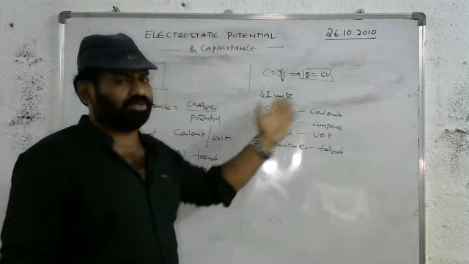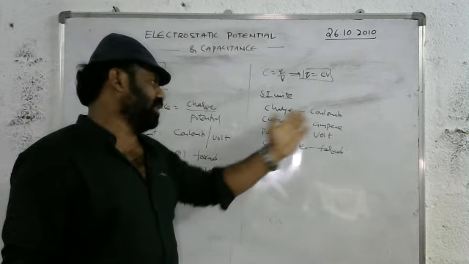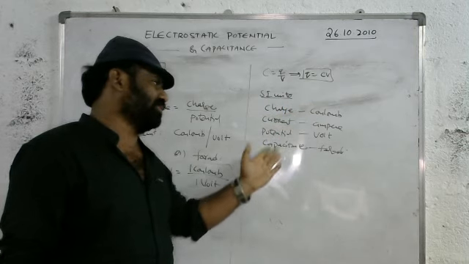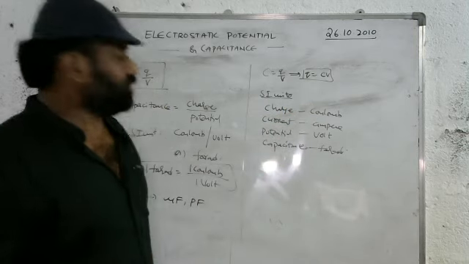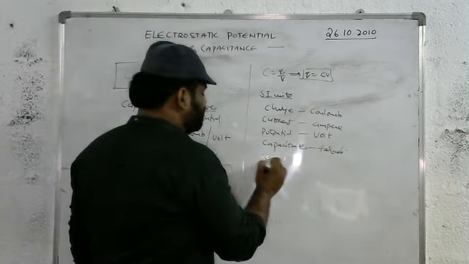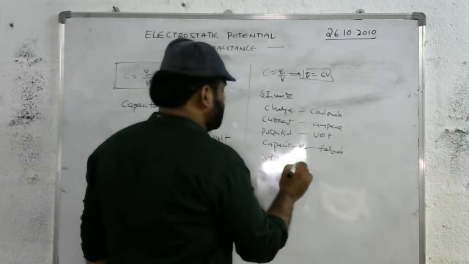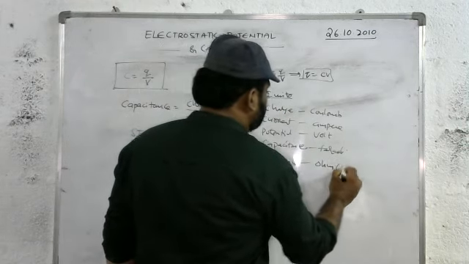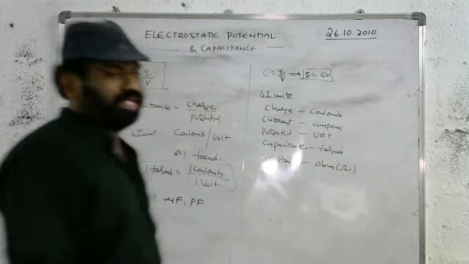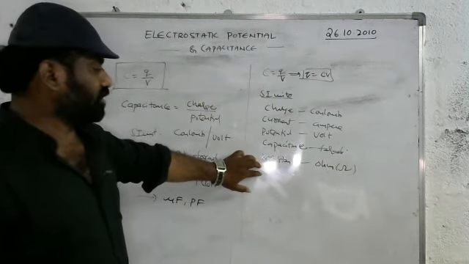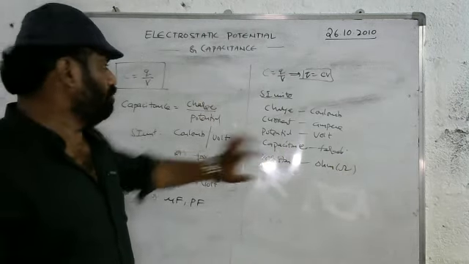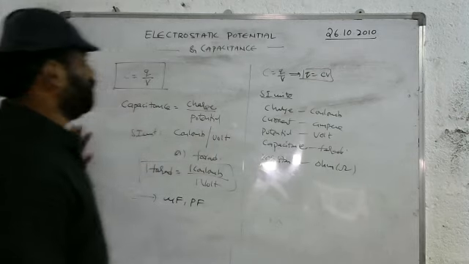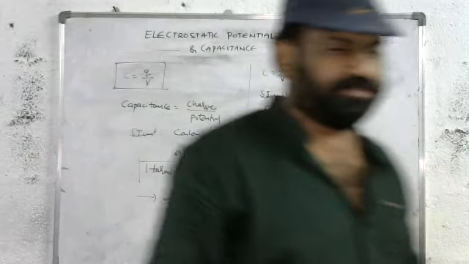The SI unit for charge is coulomb, current is ampere, potential is volt, and capacitance is farad. Next we have resistance. The SI unit for resistance is ohm, and the symbol is omega. These are the topics you have to remember.